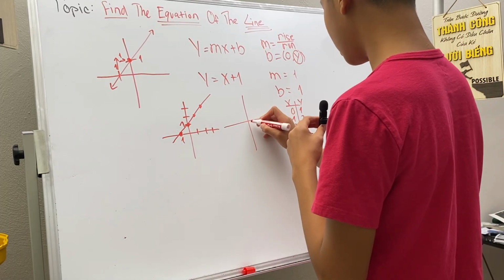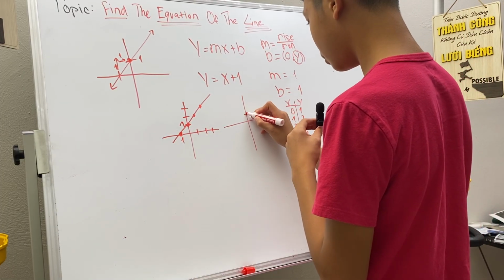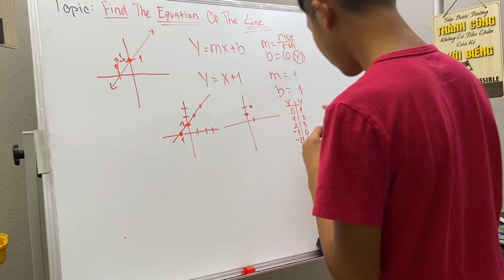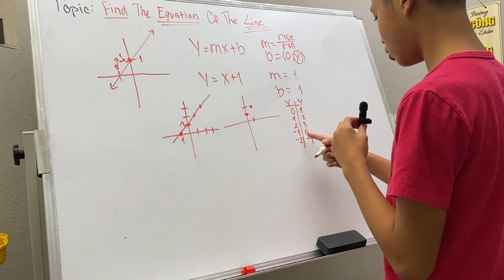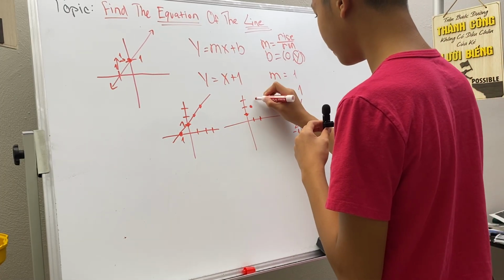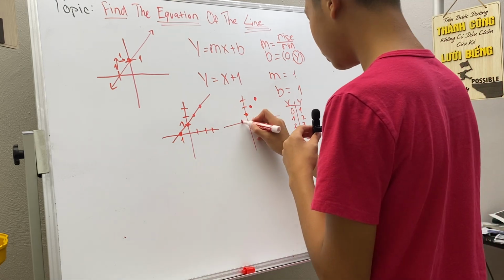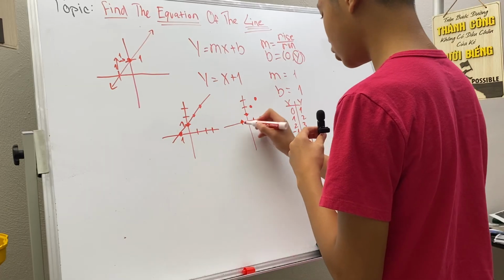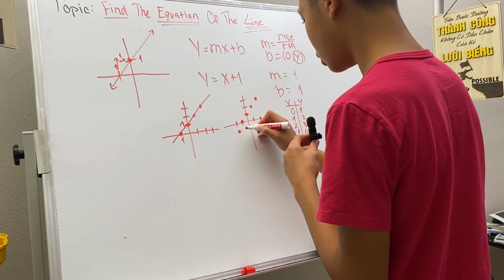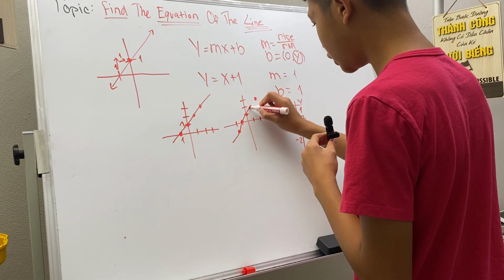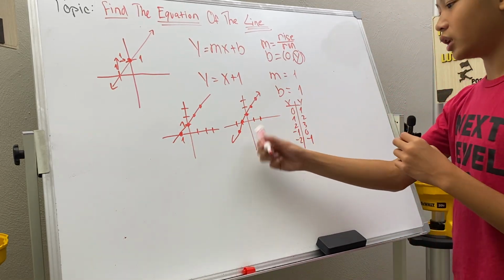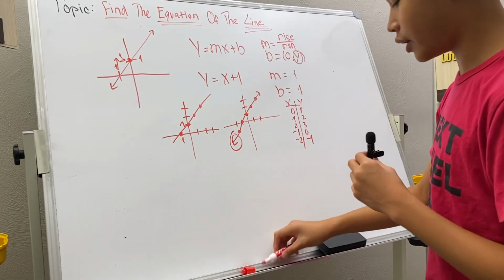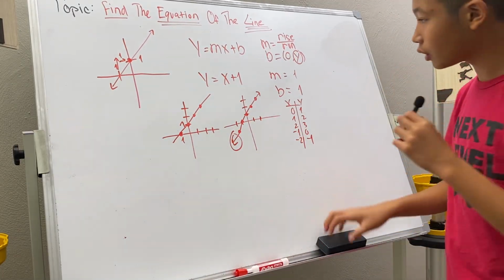So (0, 1), (1, 2), (2, 3), (-1, 0), (-2, -1). As you see, it matches the dots perfectly. It looked pretty ugly, but it matched all the other graph. So this is confirmed.